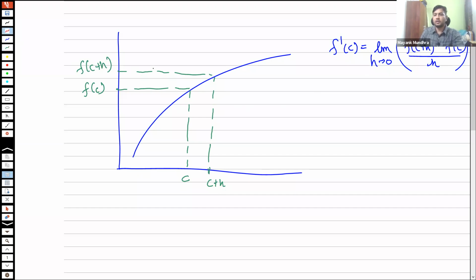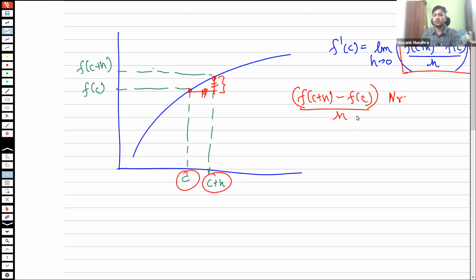This thing in the box, f of C plus h minus f of C upon h, is basically this height upon this base, because this height is your numerator, and this base is C plus h minus C, so that is your denominator. So what we are basically looking at is the slope of the line segment which will join these points.